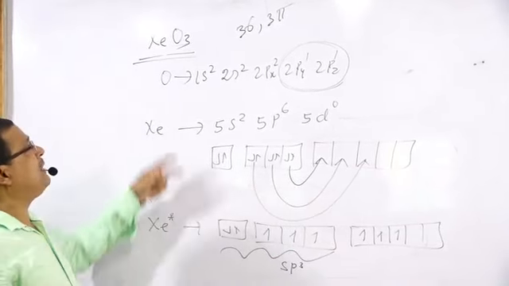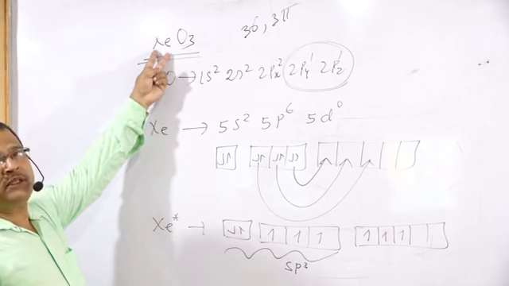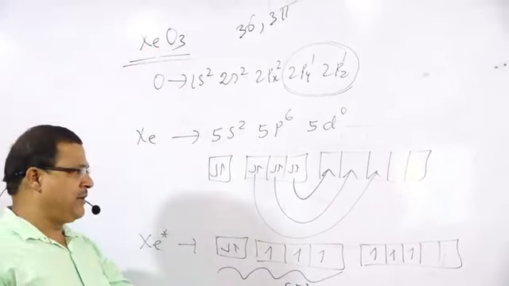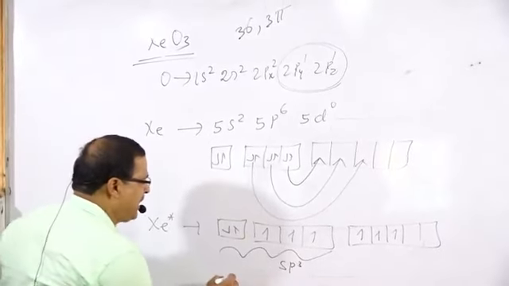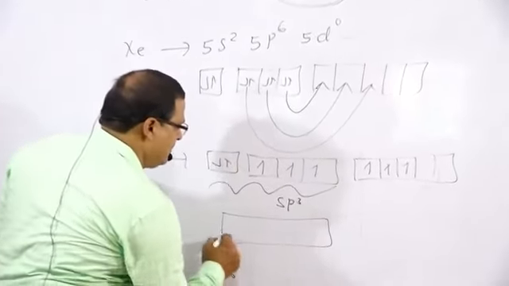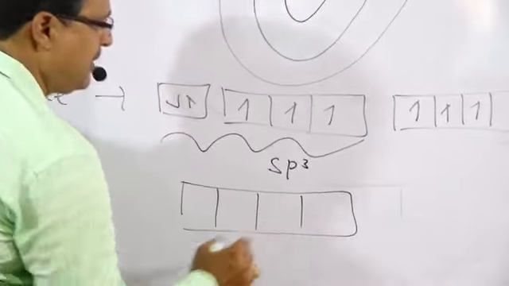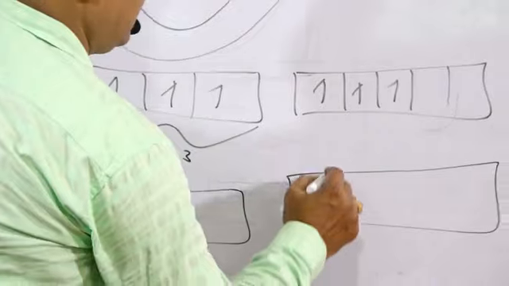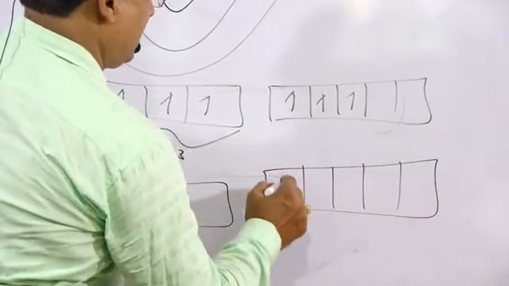So this central atom must have undergone sp3 hybridization. If you apply the formula, half of H plus A minus C plus A, you also get sp3 hybridization. The number of hybrid orbitals is 4, and the number of unhybridized orbitals containing unpaired electrons is 3.